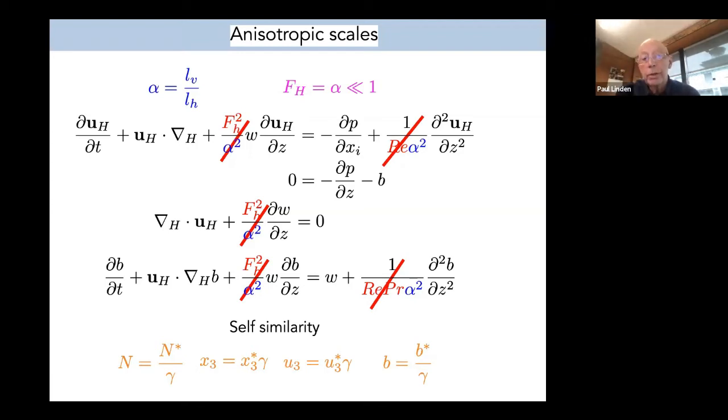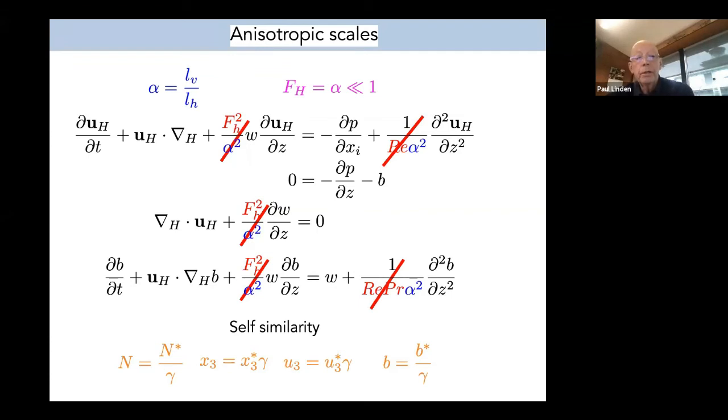Then we have continuity, the third equation, which again has to do with the horizontal velocities. And then we get a buoyancy equation, which relates the changes in buoyancy essentially to the vertical velocity. So you're moving up and down against the stratification, and N has disappeared because it's incorporated in the buoyancy. And these equations are very interesting because they're self-similar.